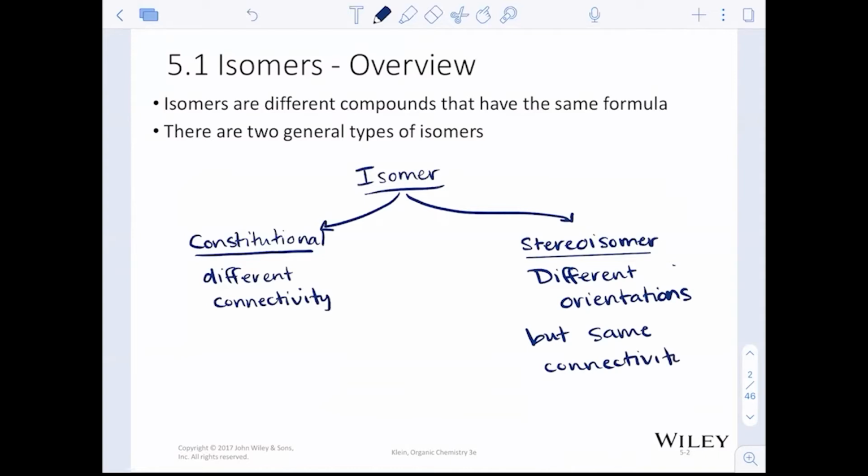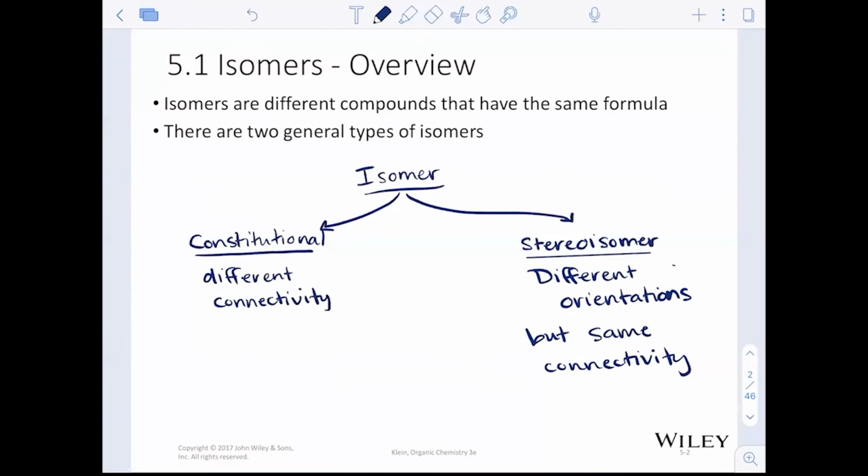The reason for that is because a stereoisomer sometimes could have very similar physical properties, only a few of them. There's going to be a couple of classes of stereoisomers that we're going to see throughout today's lecture and throughout this chapter. And their connectivity will always be the same. We'll have the same exact carbons connected to each other and the same exact oxygens or chlorines or whatever, but they're maybe going to have a different orientation.